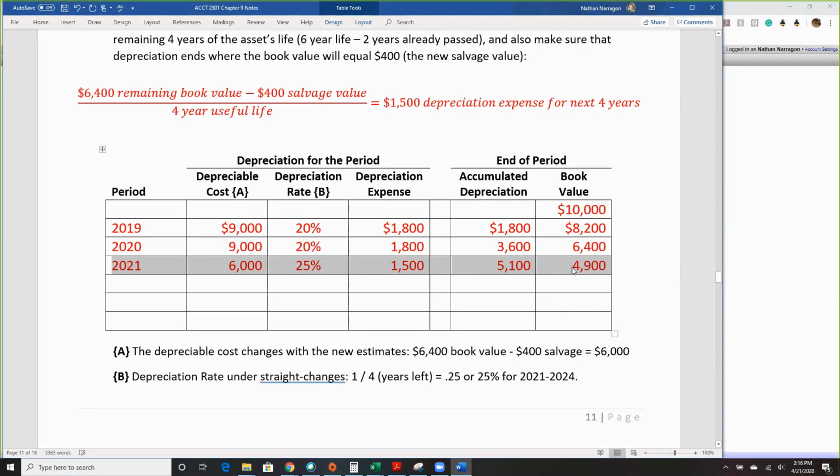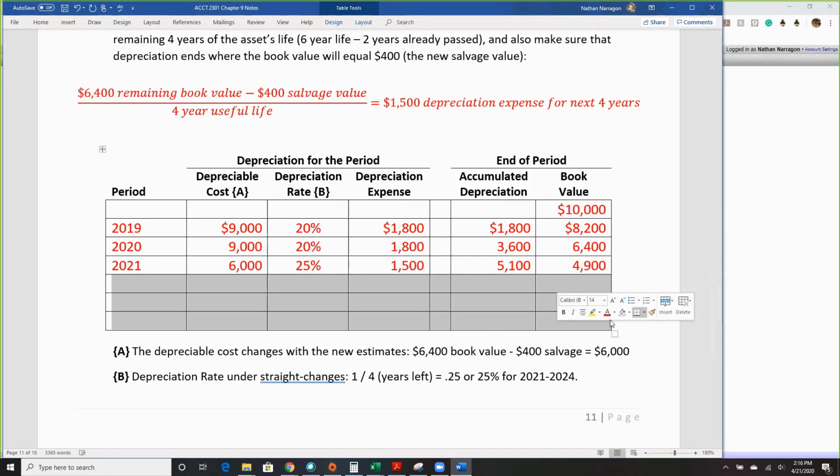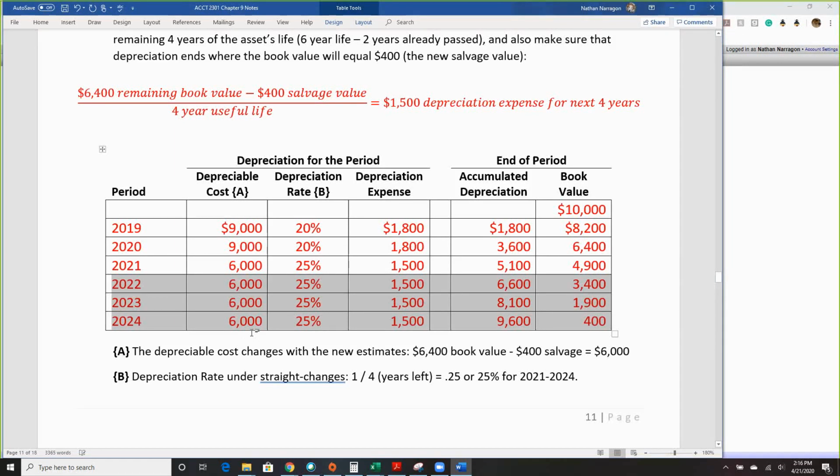Now it changes a little bit of accumulated depreciation, book value, and then that keeps going for the next 4 years, 3 years, up to 2024. That's really all that happens with an estimate change. Now, book value has to end at 400. Accumulated depreciation will grow to 9,600.